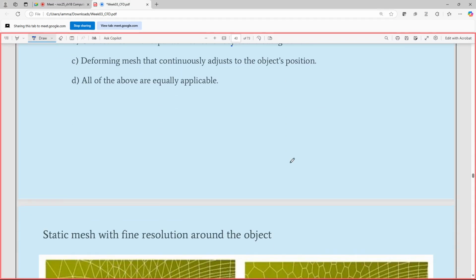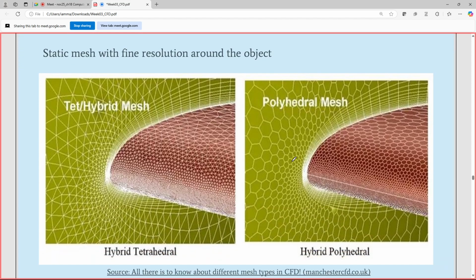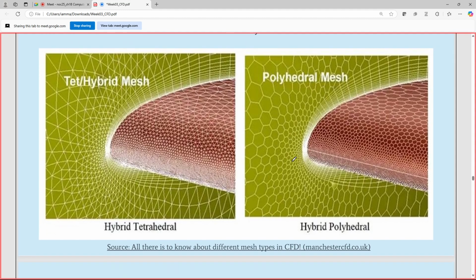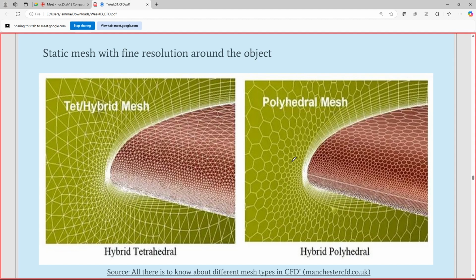So let's see what all these meshes are. So first option is static mesh with a fine resolution around the object. In this picture, you can see a fine resolution around the object. Here this yellow color region is a fluid region, and this red color region is solid region.